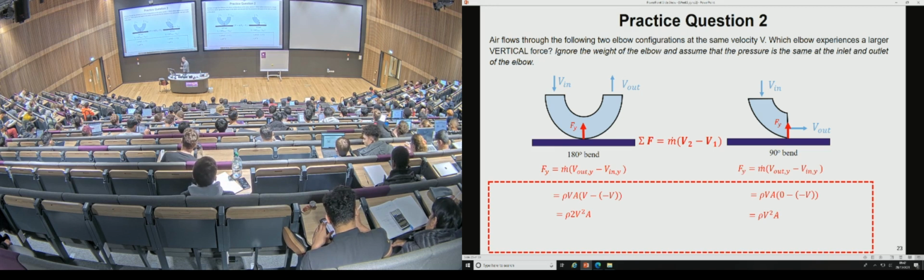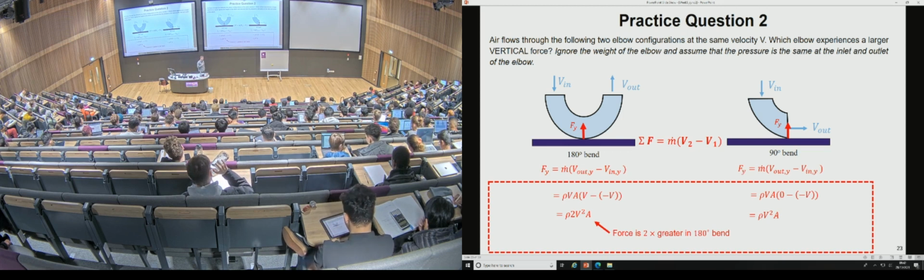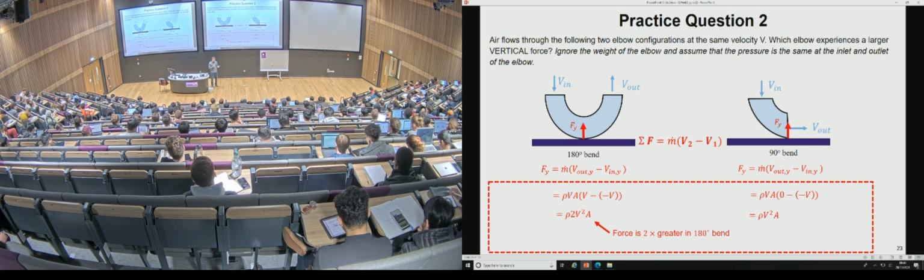So the negative leads to a plus. So there's two key points so far. Firstly, it's proportional to the velocity squared, and secondly, it's proportional to the net change in the velocity in the coordinate direction.